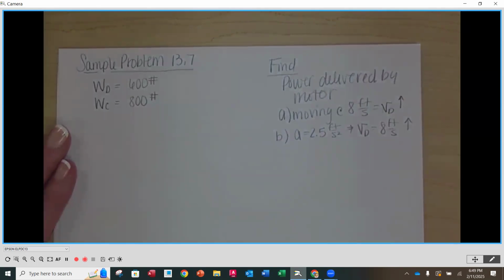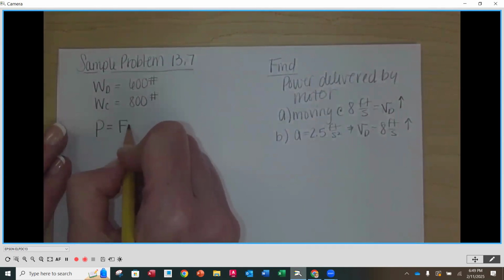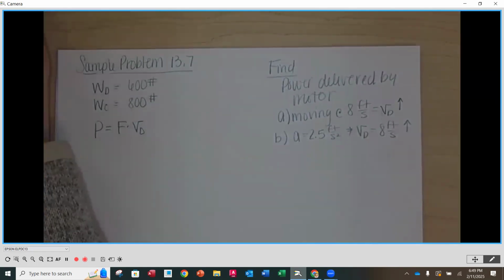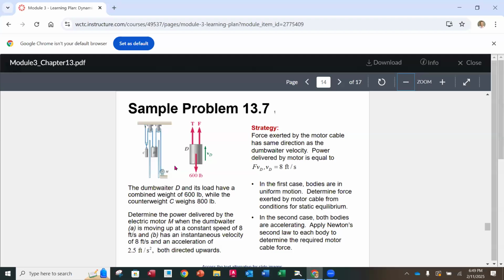Now, because we want to find power, P is equal to F times V, and our V is going to be equal to the velocity of that dumbwaiter, and we'll see why in a second. I'm going to look back at the illustration. Remember, we want the power that's exerted by the motor, and the right-hand cable is the one that's going to the motor.